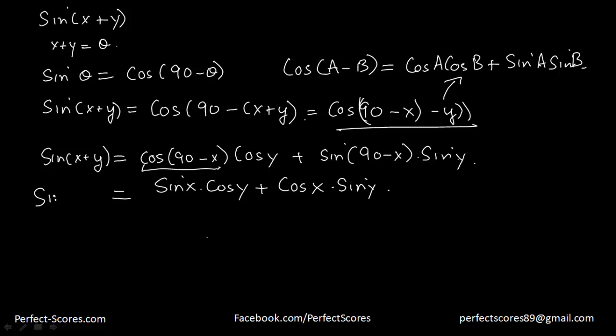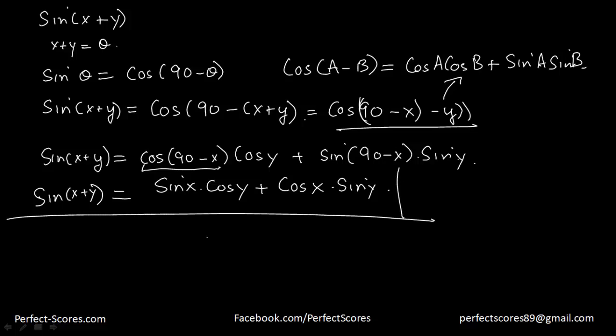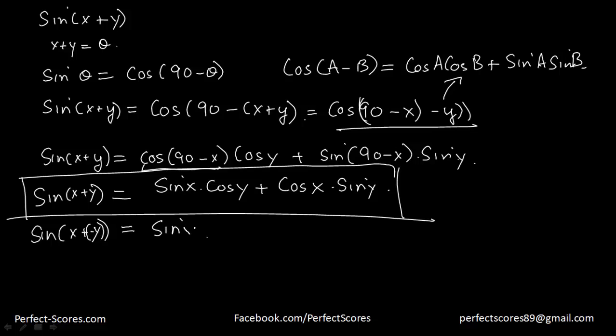That means we have the value of sine of x plus y equal to sine of x into cosine of y plus cosine of x into sine of y. So I suppose you're understanding this point over here, guys. Again, if we want to find the value of sine of x minus y, we will say plus of minus y, and we will just substitute y as negative y. So we're going to have sine of x into cosine of minus y plus cosine of x into sine of minus y.